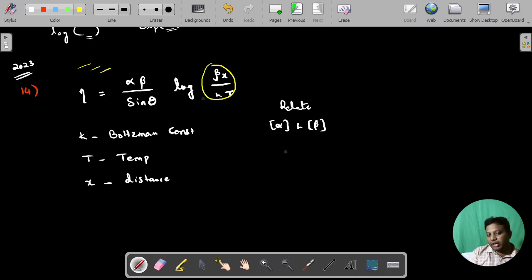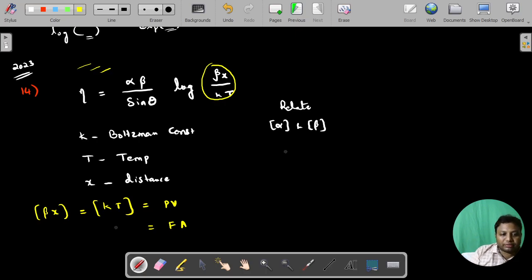So whatever you write inside a logarithm should be dimensionless. That means beta x, the numerator, must have the same dimensional formula as kT. So we know one formula in thermodynamics, PV equal to nkT. Now pressure means what? Force into area.